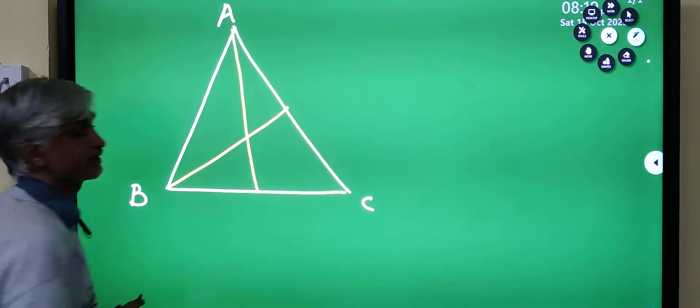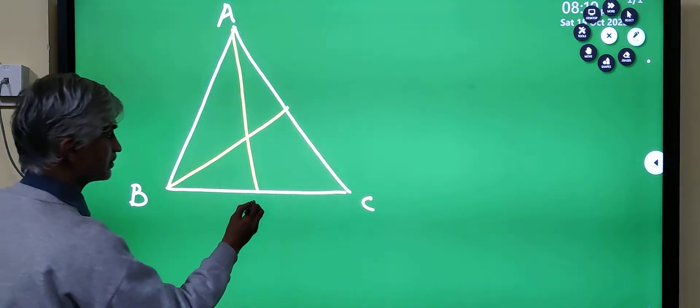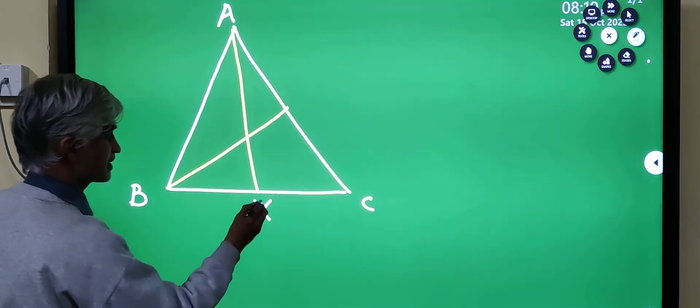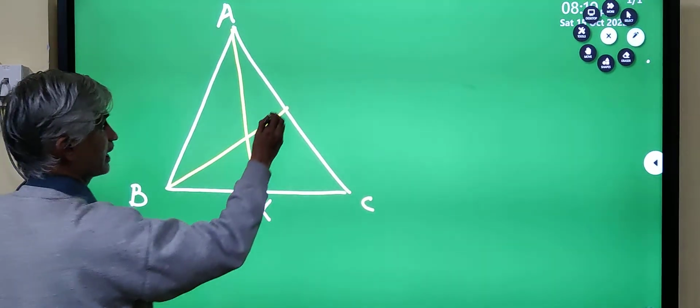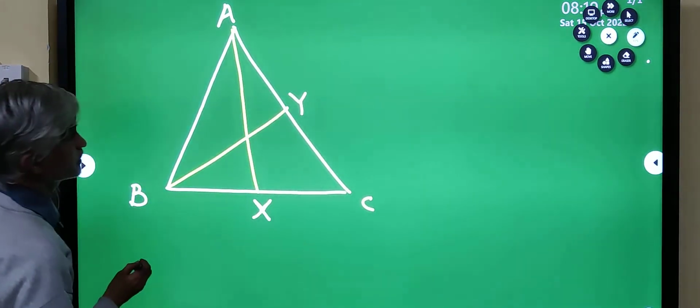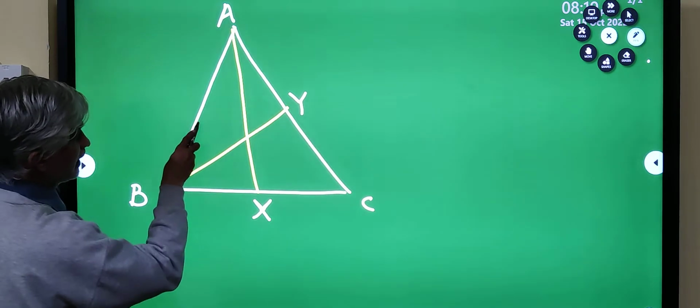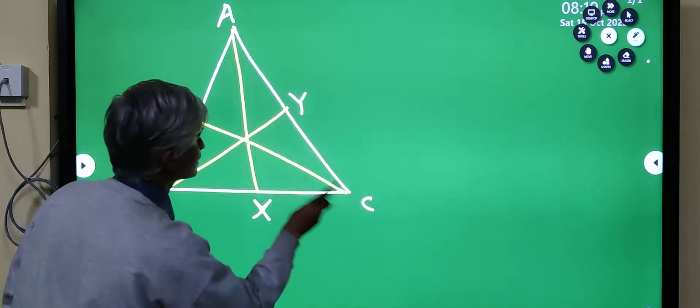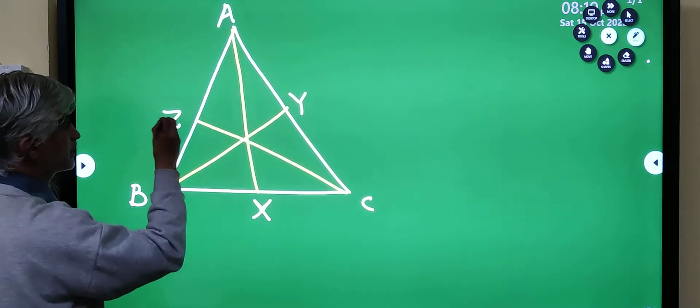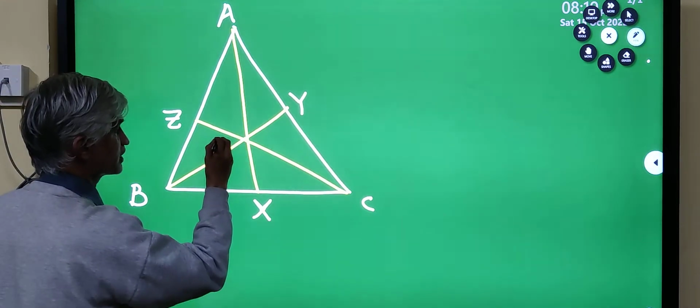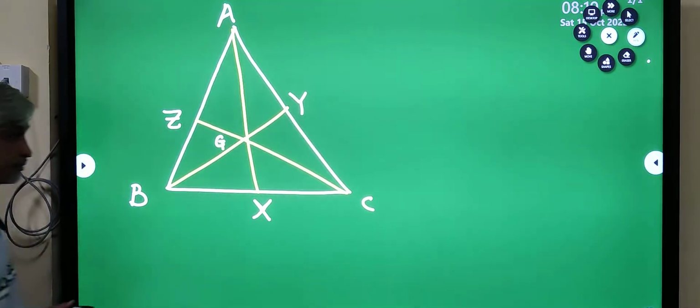And that's a nice relationship. Now what do you mean by the median? We mean that X is the midpoint of BC, and we mean that Y is the midpoint of AC, and it's not obvious that the third median also passes through the same point, which is famously called as the centroid.